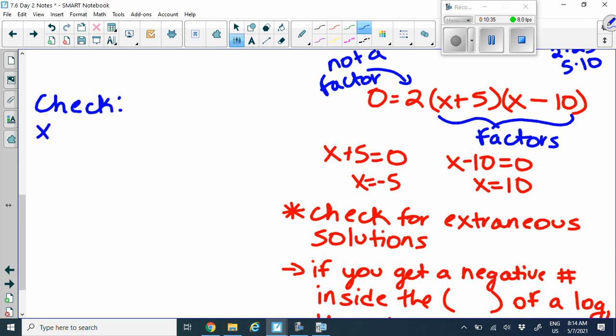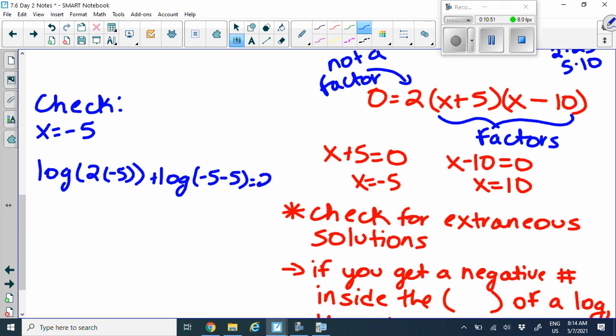Okay, let's try x equals -5. So the original was, we got log of, and now the 2x is in parentheses, okay? Then plus log of -5 minus 5 equals 2. So let's check this. So when I evaluate, I get log 2 times -5, that gives me -10, and then plus log of -10.